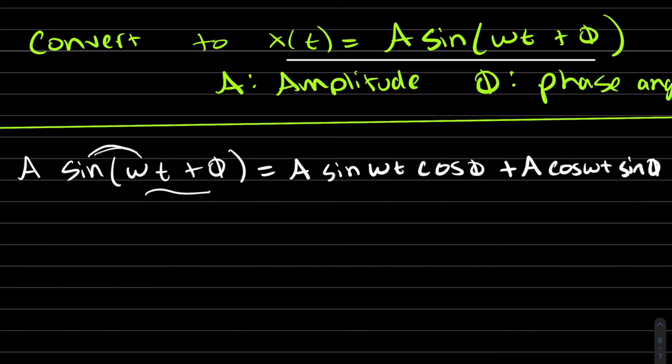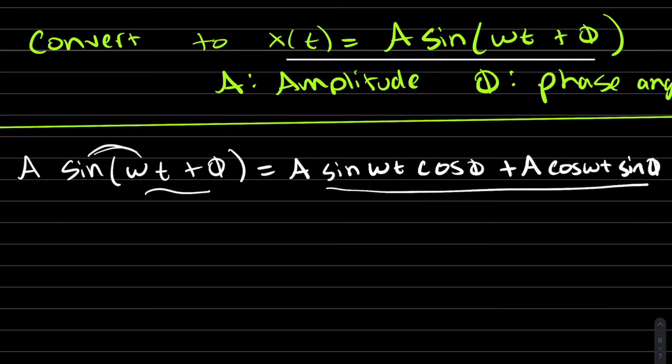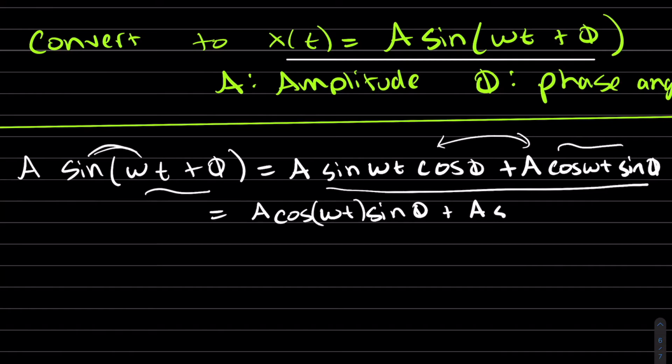Now what we need to do is equate this equation with the one that we got. I'm actually going to write this one first. I'm just going to flip-flop these. So this is equal to A, you'll see why in a second, cosine of omega t sine of phi plus A sine of wt cosine of phi.